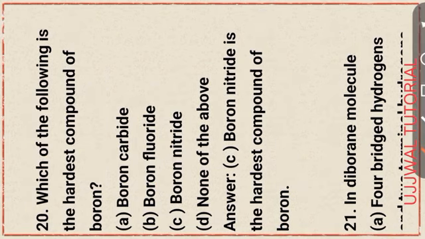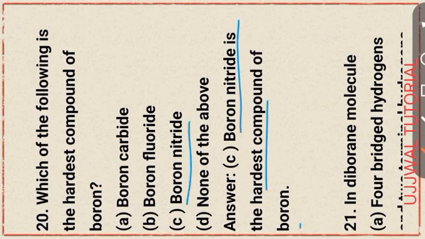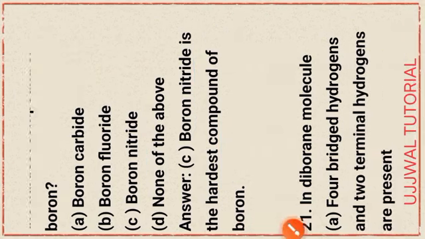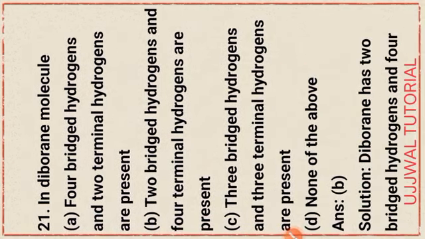Which of the following is the hardest compound of the boron family? Option C, boron nitride. Boron nitride is the hardest compound of the boron family. Next question, question number 21.